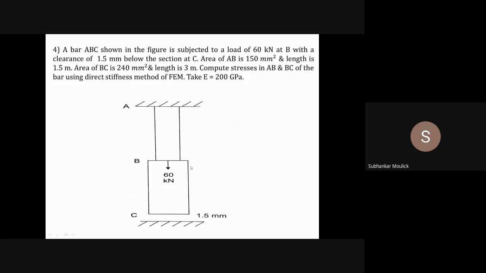Similarly, I can see from the question that the entire bar is made up of one material whose modulus of elasticity is given, which is 200 gigapascal. That means each element has a modulus of elasticity of 200 gigapascal, that is 200 into 10 to the power 9 Newton per mm square.